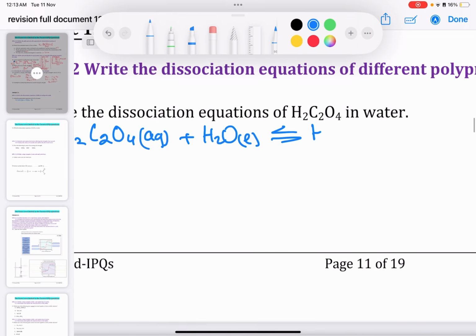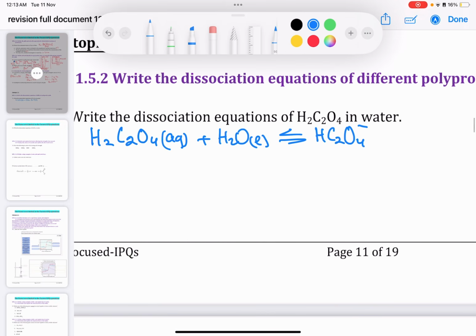I'll get HC2O4 minus, because you removed 1 H plus, and H3O plus. That's the first step, dissociation.